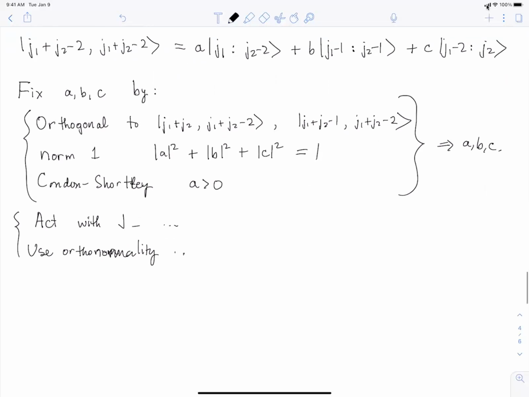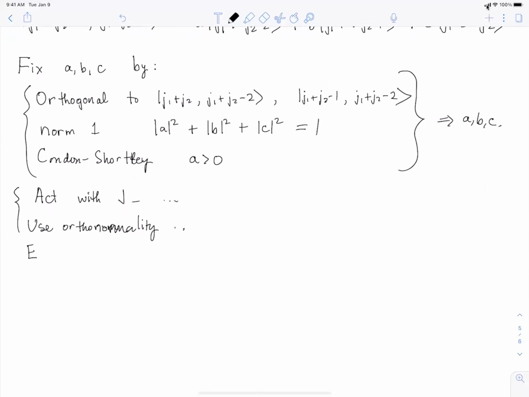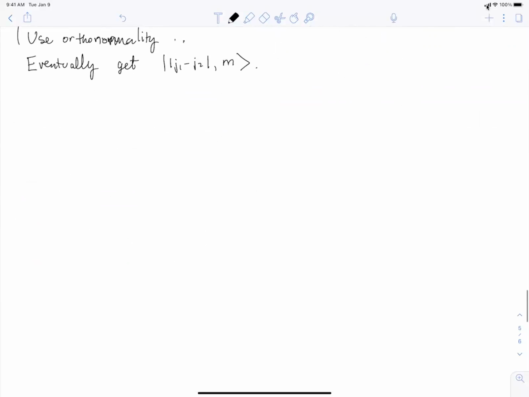And eventually you get to the state or states that have total angular momentum J1 minus J2 in magnitude with different values of M. And then once you've finished with those, then you're done. Okay, so here's the sort of map of the general scheme of how this works.